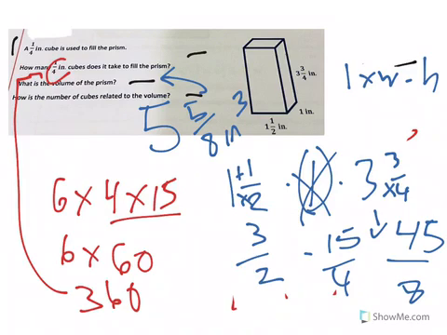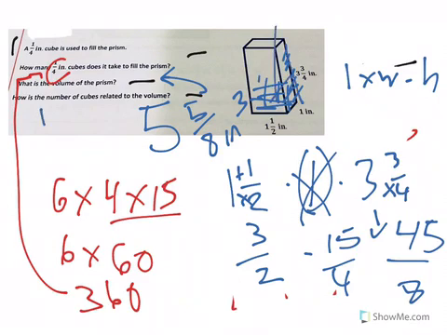How is the number of cubes related to the volume? We'll actually go over that one in class. That's a little bit more of an explanation than I want to get into with the time remaining. So we'll talk about that one in class. Essentially, though, the volume is related because it's how many cubes would fit high, back, wide, right, all the way across.